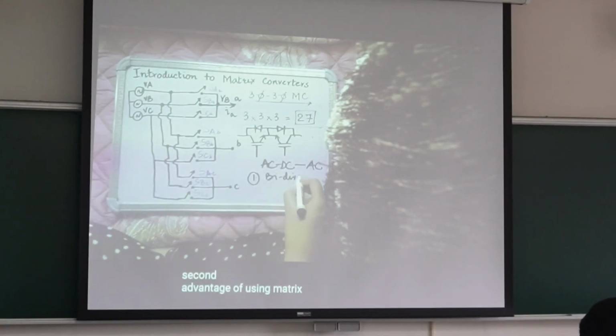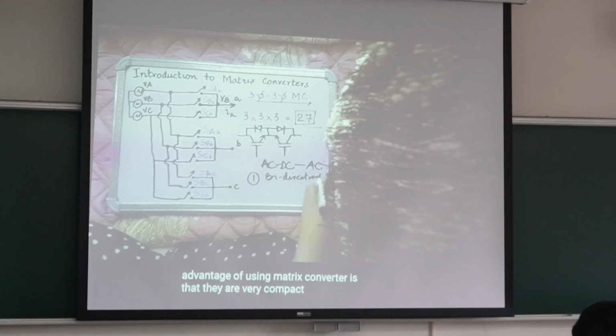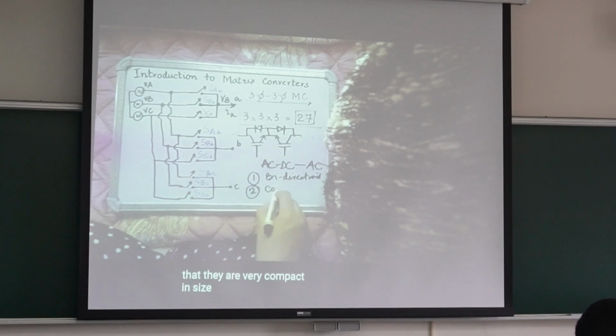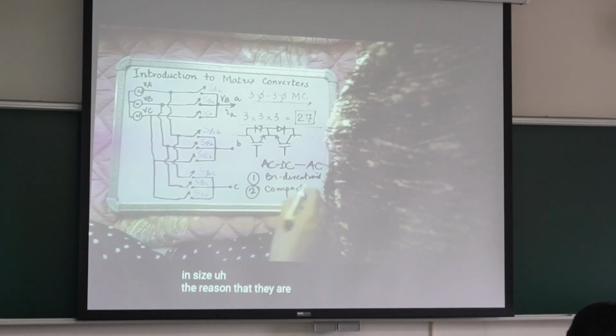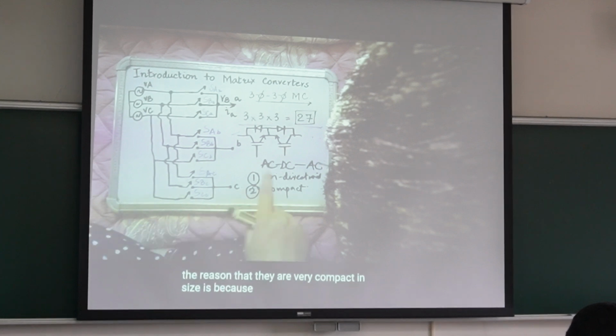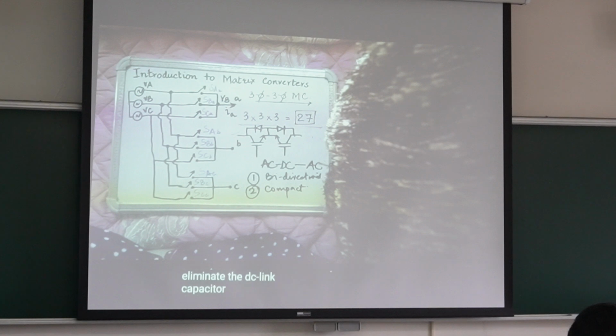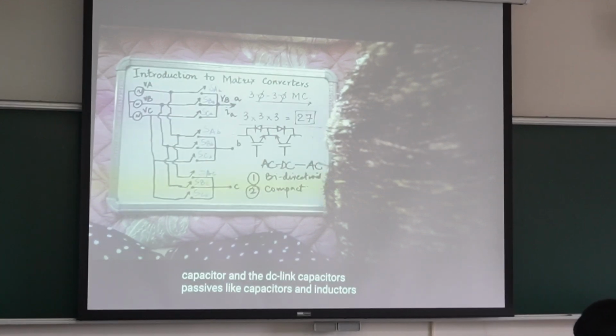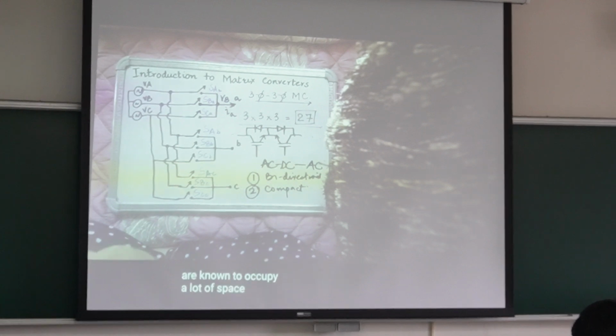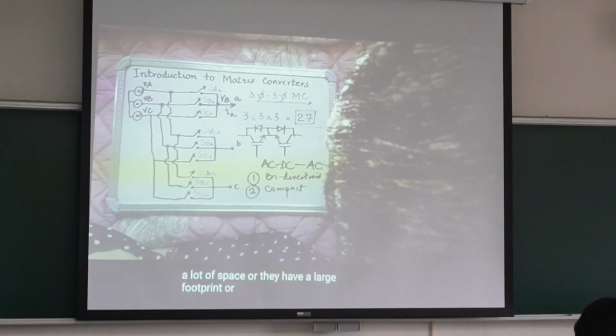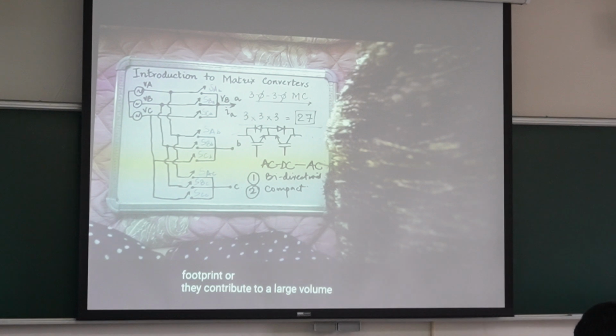advantage of using a matrix converter is that they are very compact in size. The reason is that when you eliminate the DC stage, you also eliminate the DC link passives, like the DC link capacitor. Capacitors are known to occupy a lot of space, they have a large footprint, and contribute to large volume and size.